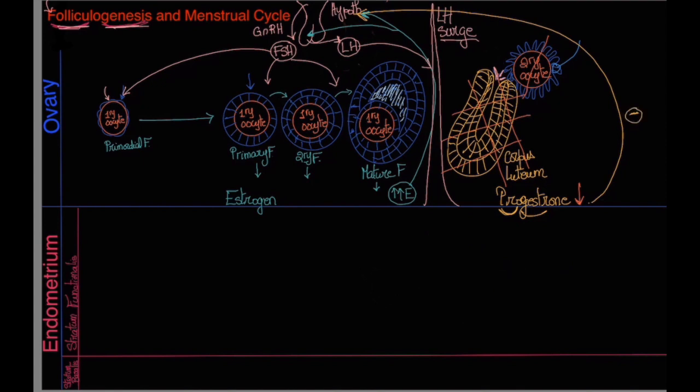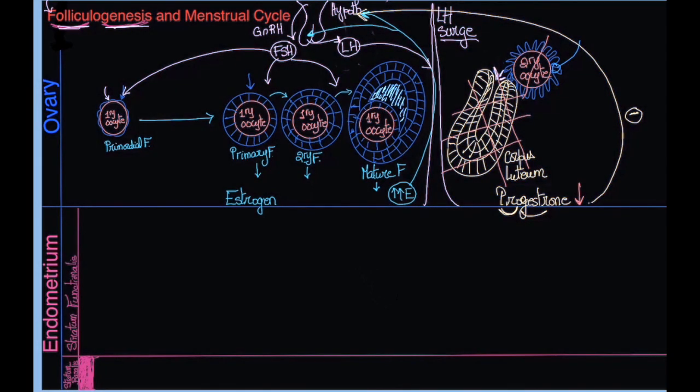I have the basal layer, called the stratum basalis. This layer is not hormonally affected, not responding to the changes taking place in the ovarian cycle. The layer that will be responding to the ovarian hormonal changes is my stratum functionalis.